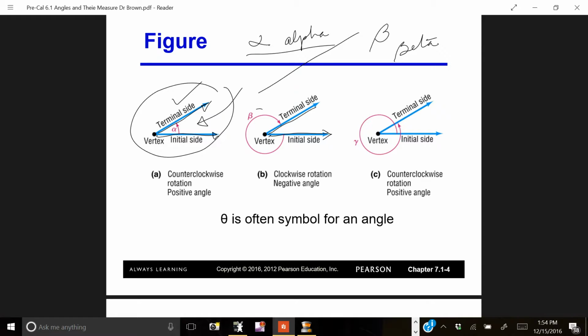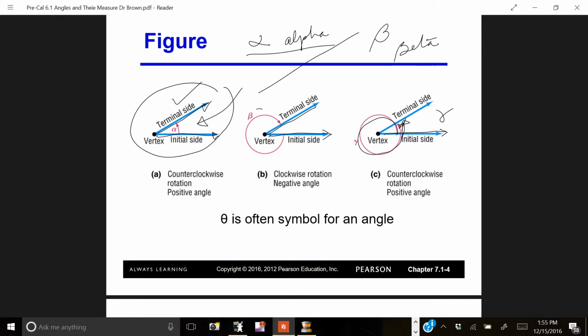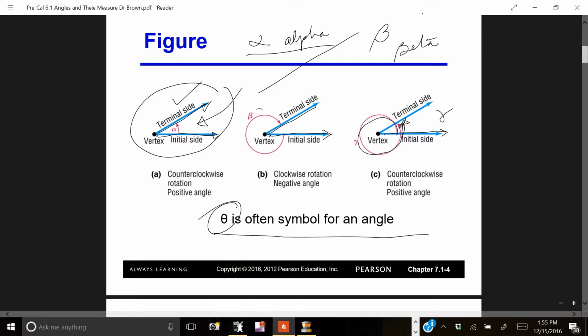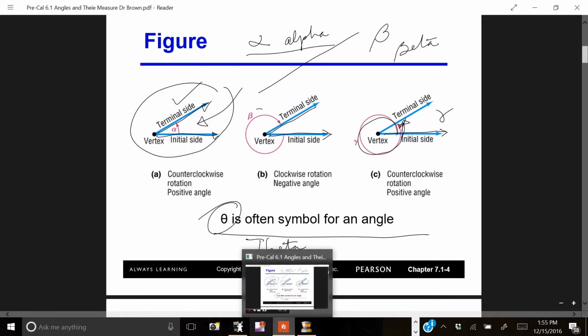We could also have a case in which we, say, go counterclockwise, have an initial side, go around 360 degrees, and keep on going for, say, perhaps 30 degrees, and this particular angle we call gamma. Also, I'd like to point out that often the symbol theta is used for an angle in lots of cases.